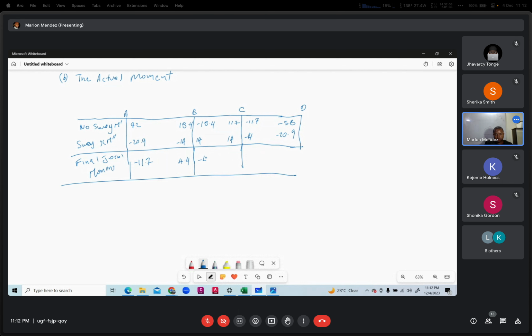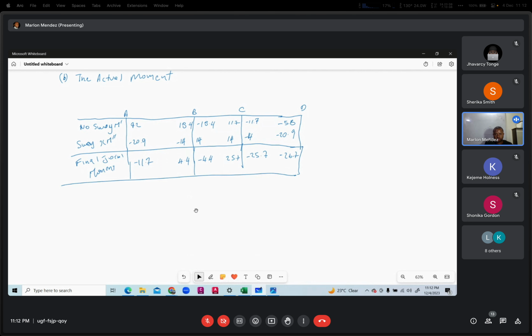This becomes minus 25.7, and this one now minus 26.7. So this is the final moment. This is what you're going to be using to plot your diagram.